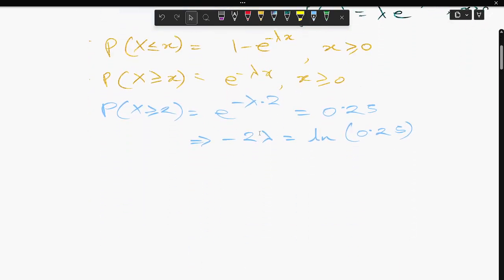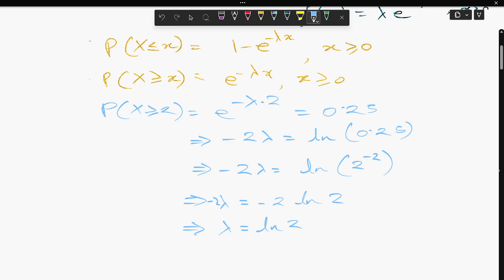We know that 0.25 is 1 by 4, so minus 2 lambda equals ln of 2 to the power minus 2, so minus 2 lambda equals minus 2 ln 2. So our lambda is equal to ln 2. And the expectation of X, which is 1 by lambda, the mean, equals 1 by ln 2.